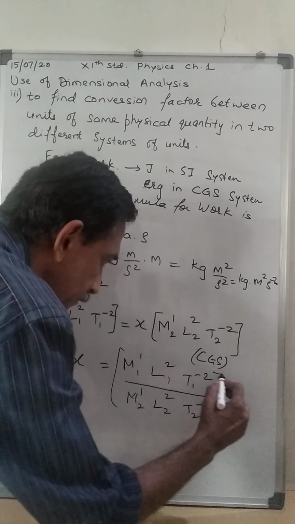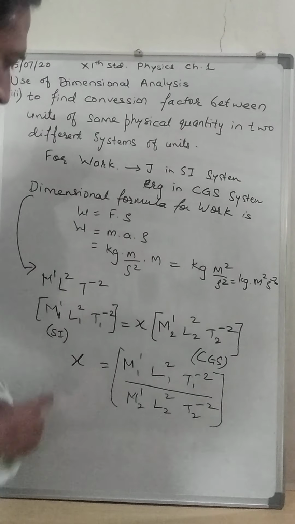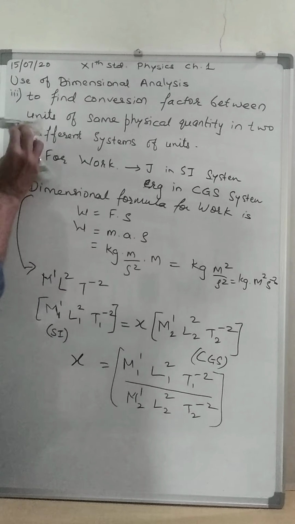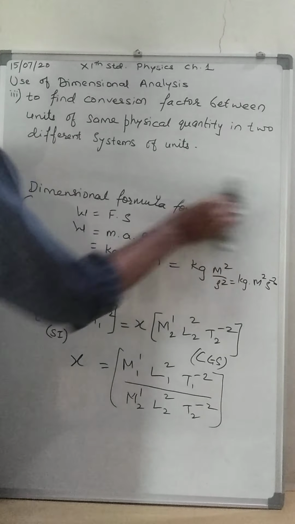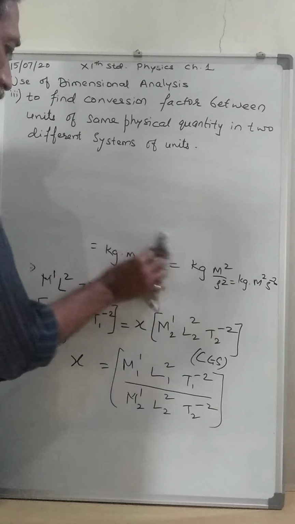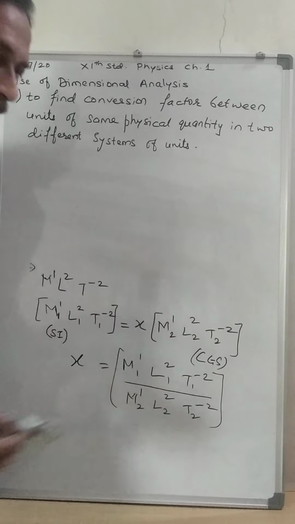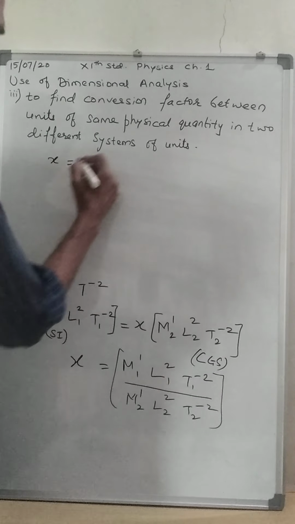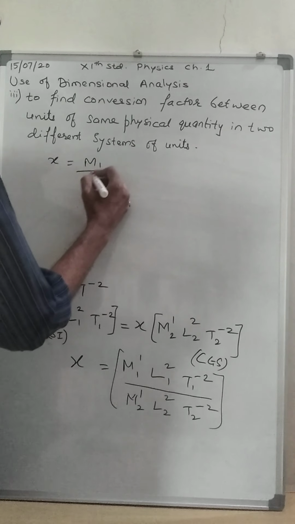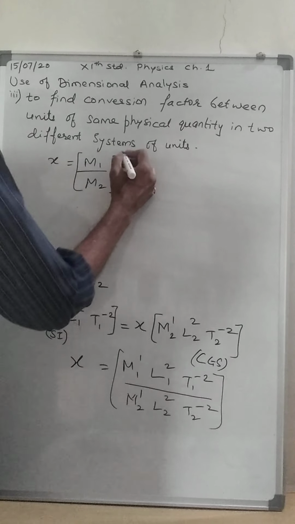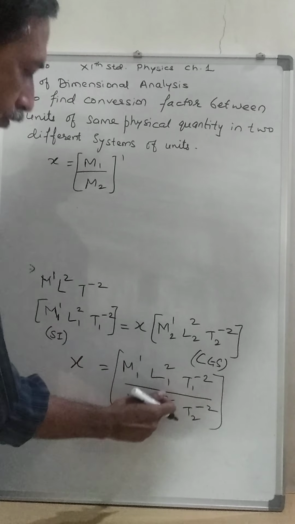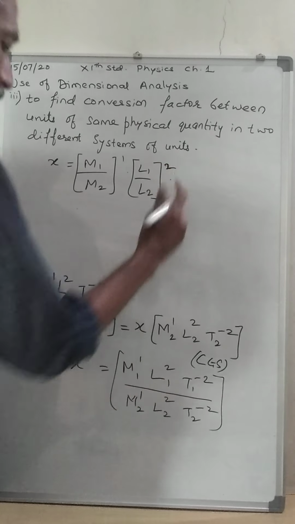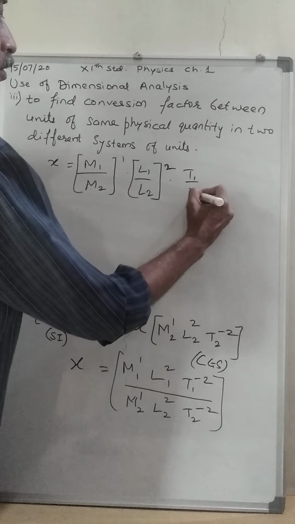Now we will separate M, L and T. So x is equal to M1 upon M2 raised to 1, L1 upon L2 raised to 2, and T1 upon T2 raised to minus 2.